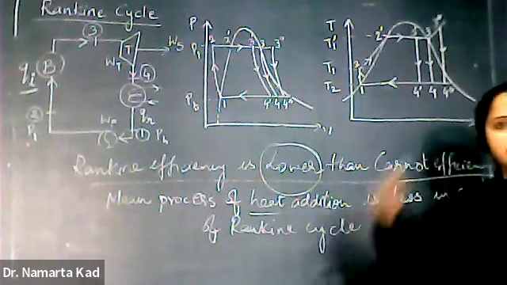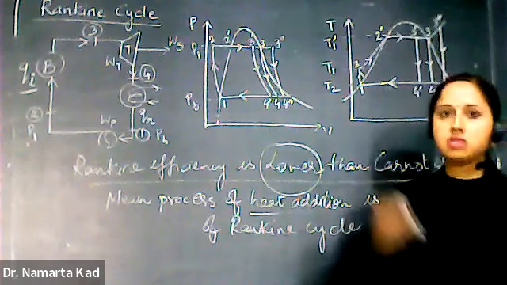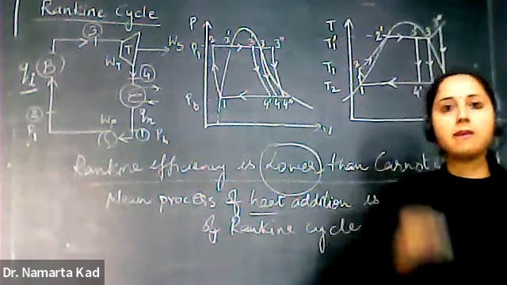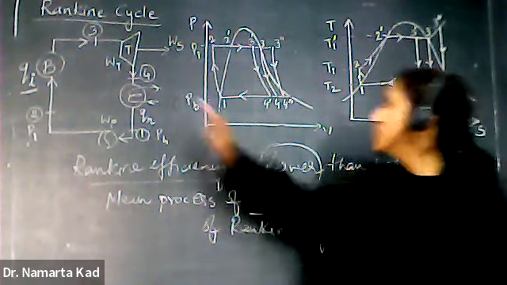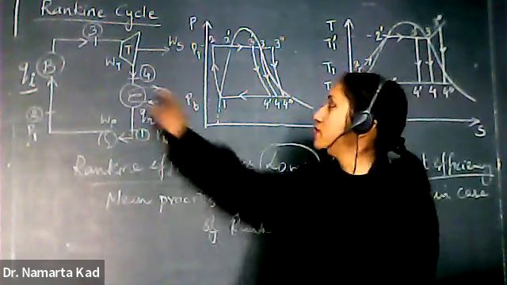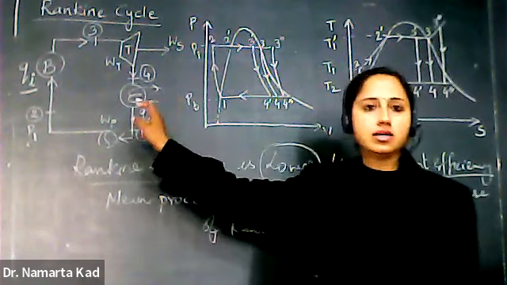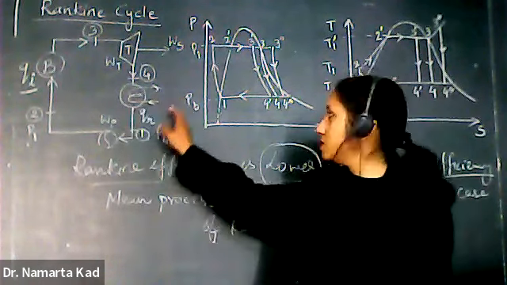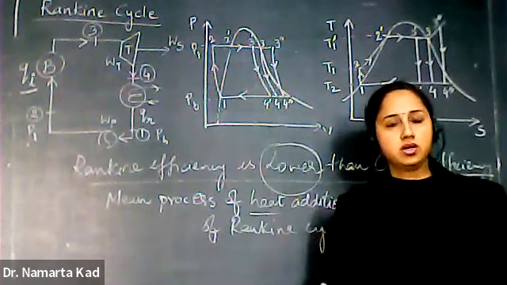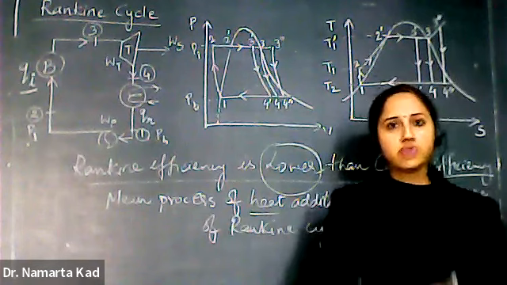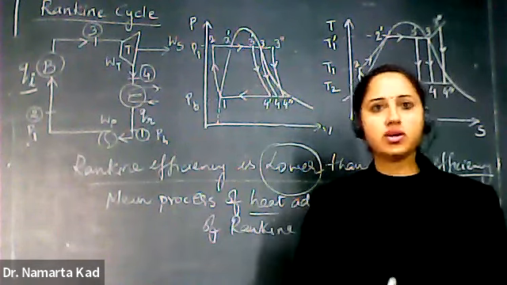Okay, in the Rankine cycle the heat addition process is at a lower mean temperature as compared to the Carnot cycle, but the heat rejection process, which takes place across the condensation stage, is the same in both cycles.